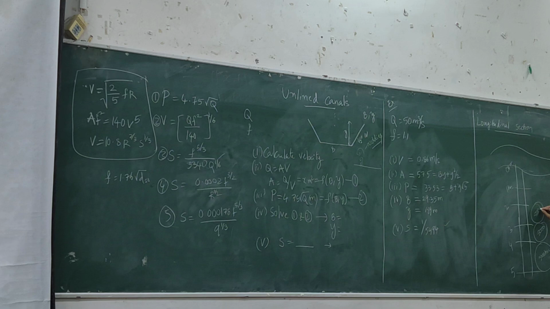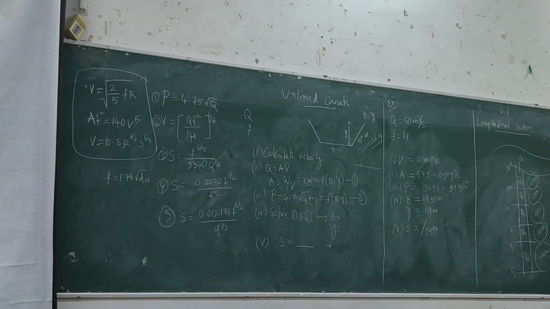Here I have 5,000, 5,000 each. Now some discharge is entering here, Q. Let's say I call this Q, and between each section I denote the discharges as Q1, Q2, Q3, Q4, and Q5.